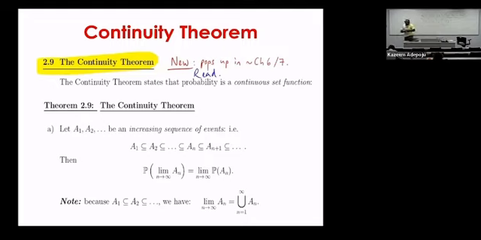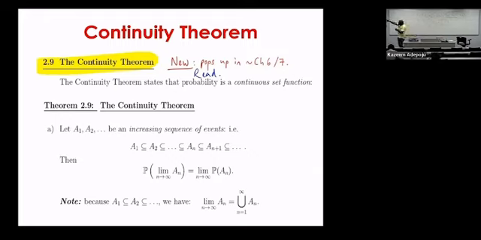When I'm talking about the continuity theorem, at times we could have some sets that can be contained in some other sets, the same way a particular school in this university is contained in the university. Which means the university is bigger in terms of size. Now take a look at what we see here.